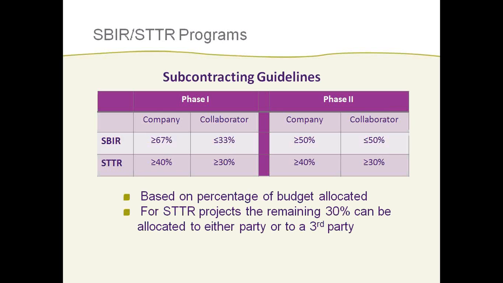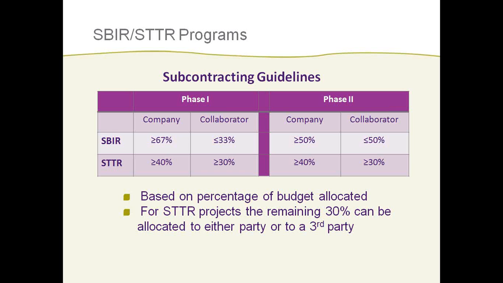One of those is because I mentioned, implied several times now, that you are allowed to have collaborators and subcontractors for your projects. And there are different guidelines based on Phase 1 and Phase 2, or SBIR and STTR. For a Phase 1 SBIR project, you can subcontract as much as 1/3 of the project budget, right?